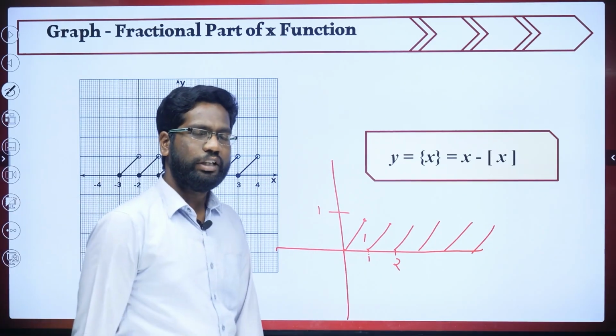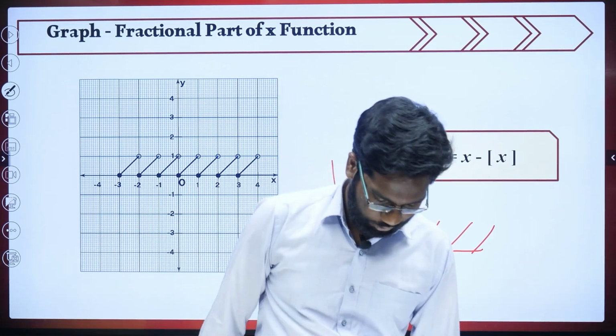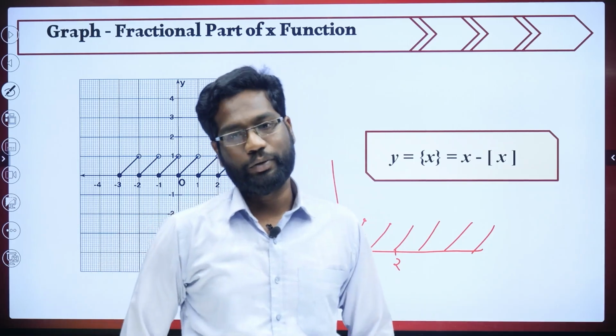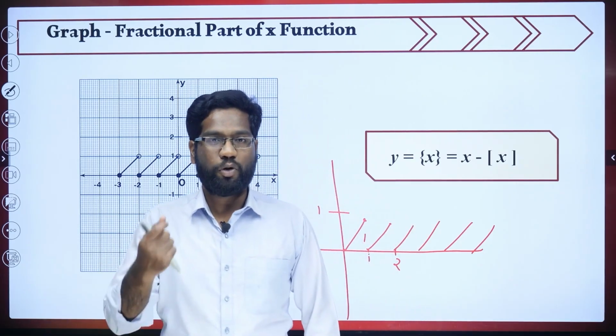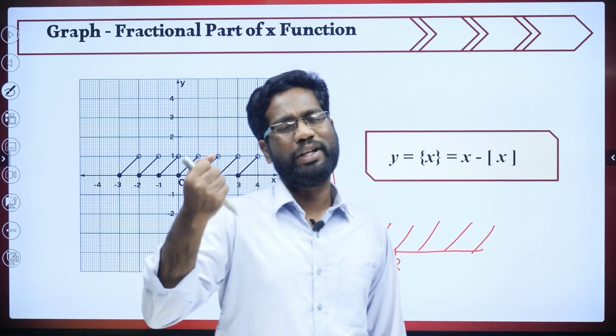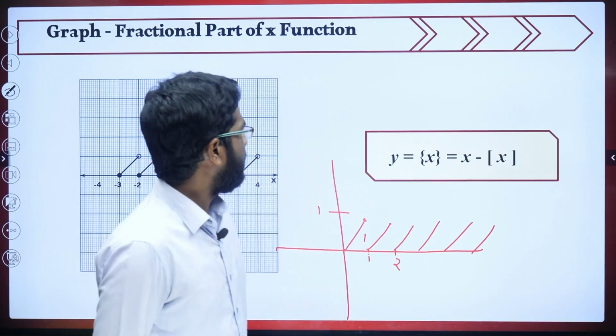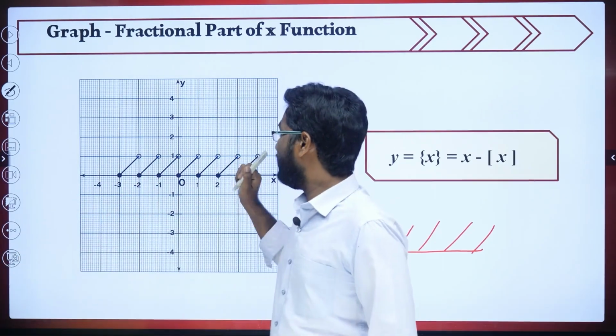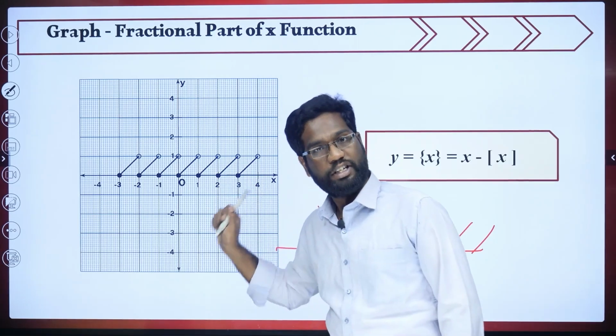As I always used to say, graphs are very important, my dear students, particularly for calculus. If you are going to solve problems in calculus, graphs play the vital role. So from the graph, what are the things you can get? You can see whether the graph is continuous or discontinuous.